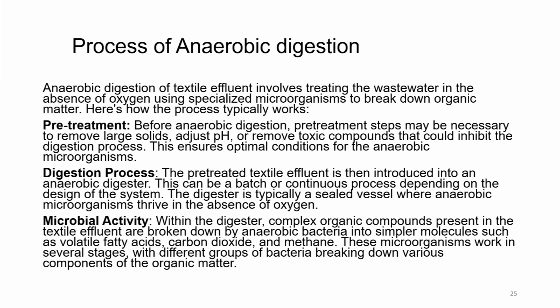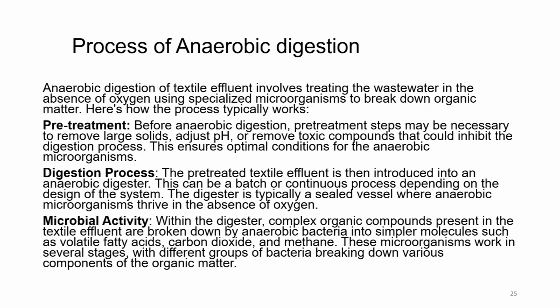Here is how the process typically works. Pre-treatment. Before anaerobic digestion, a pre-treatment step may be necessary to remove large solids, adjust pH or remove toxic compounds that could inhibit the digestion process.